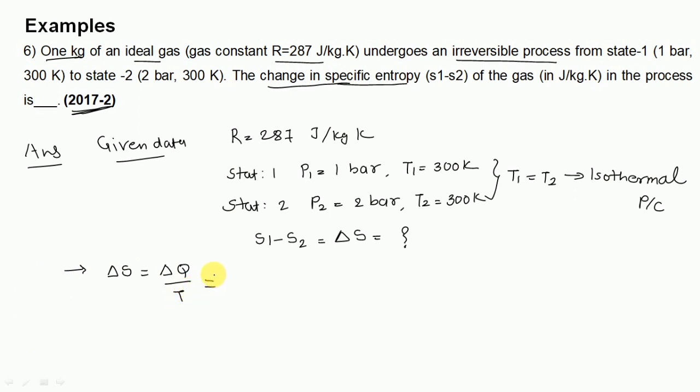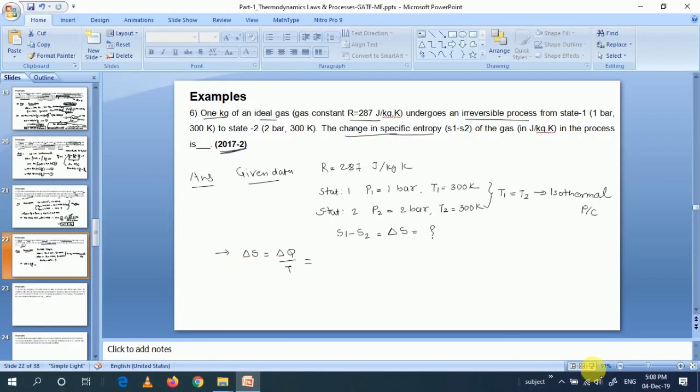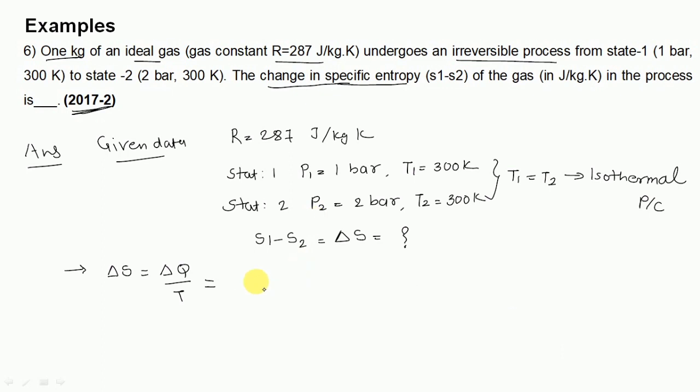But for an isothermal process, if you know the equation of heat transfer from the previous slide, then you find the value of delta Q is equal to delta W. Here the value of delta Q is mRT1 ln T1 by T2.